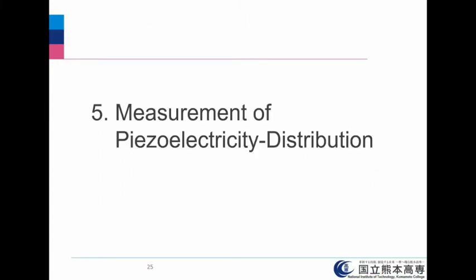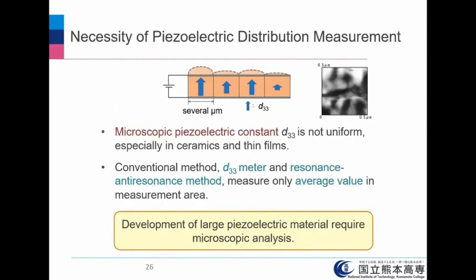Okay, next I will show you the piezoelectricity distribution measurement. The reason why we need to measure the piezoelectric distribution is as follows. Microscopic piezoelectric constant d33 is not uniform, especially in ceramics and thin films. As I showed at the beginning of this presentation, one grain may have domains. Of course, it must reduce the piezoelectricity.